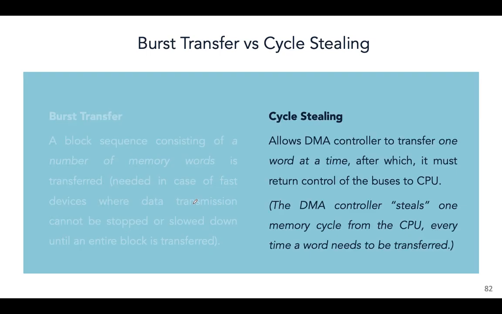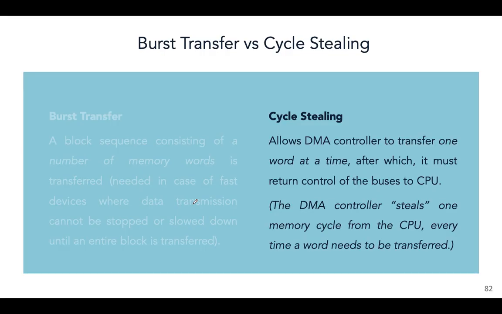The other option is cycle stealing. Cycle stealing allows the DMA controller to transfer one memory word at a time, after which it must return control of the buses to the CPU. So the DMA controller is allowed to transfer only one word, and after this transmission it has to give back control to the CPU.